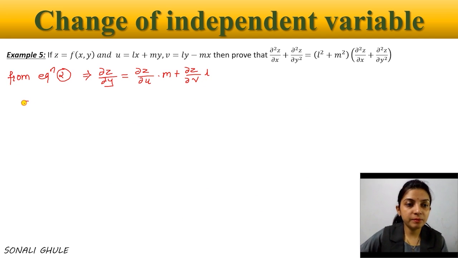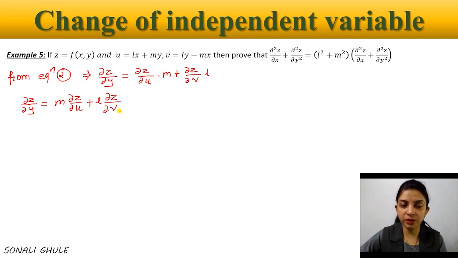So this gives me the value for z with respect to y is equal to m into dou z by dou u plus L into dou z by dou v. Right. And from this I can write a value for differential operator dou by dou y, m into dou by dou u plus L into dou by dou v.